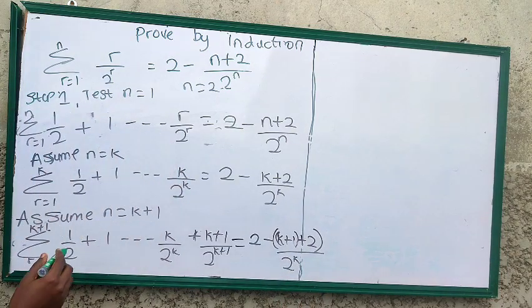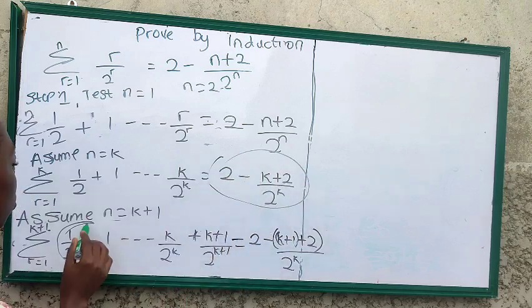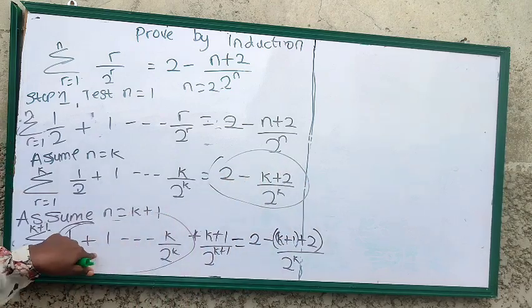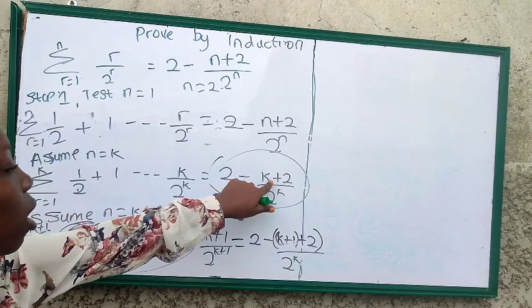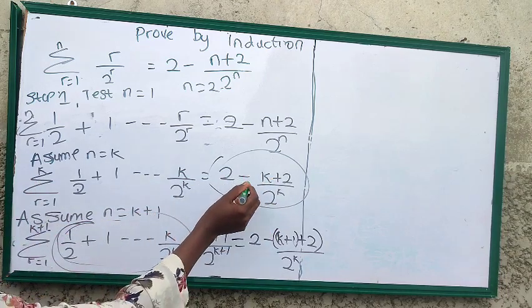Now the next step is to substitute this one into this, because this one is the same thing as this. It equals 2 minus (k plus 2) divided by 2 to the power of k. So anywhere we see something like this, let's substitute it.